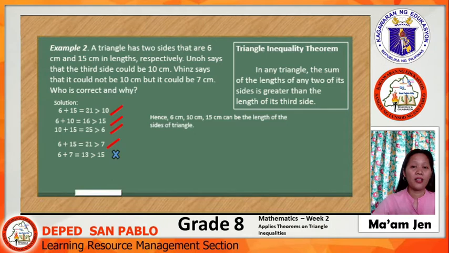That is incorrect. And how about 15 plus 7? 15 plus 7 is 22. Is 22 greater than 6? That is correct. So we can say that 6 centimeters, 7 centimeters, and 15 centimeters cannot be the lengths of the sides of a triangle.